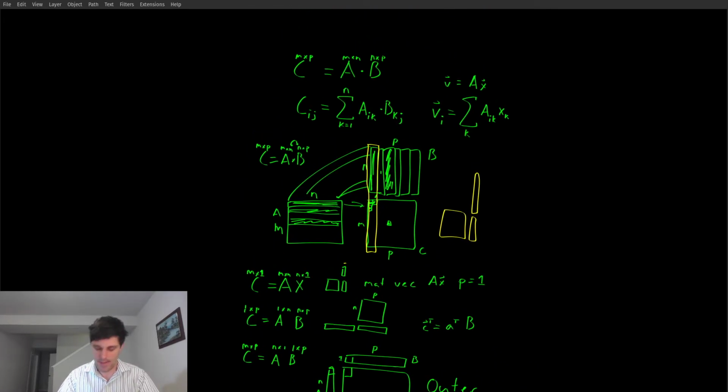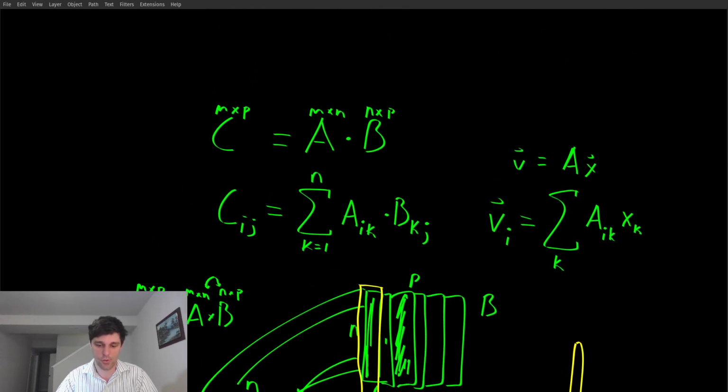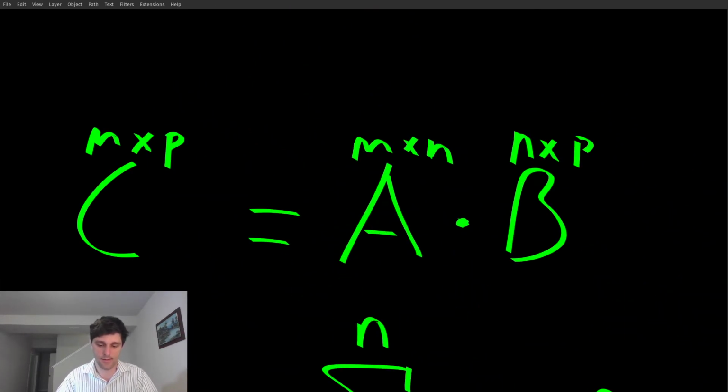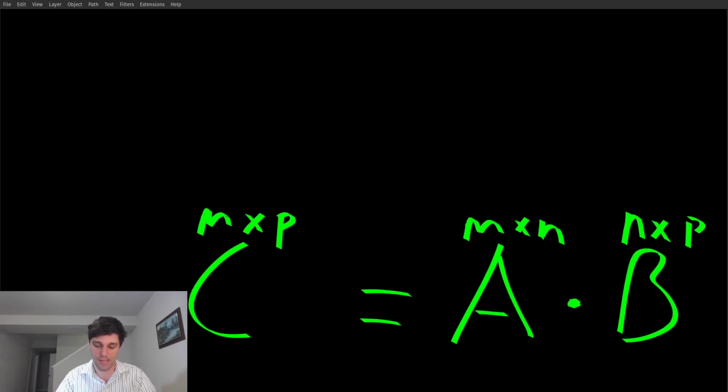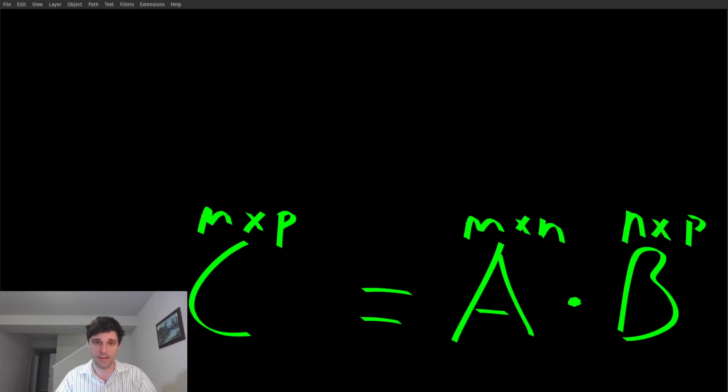I think this is the first thing to hammer into your head: the inner units have to line up. The outer are the result. All right, great.